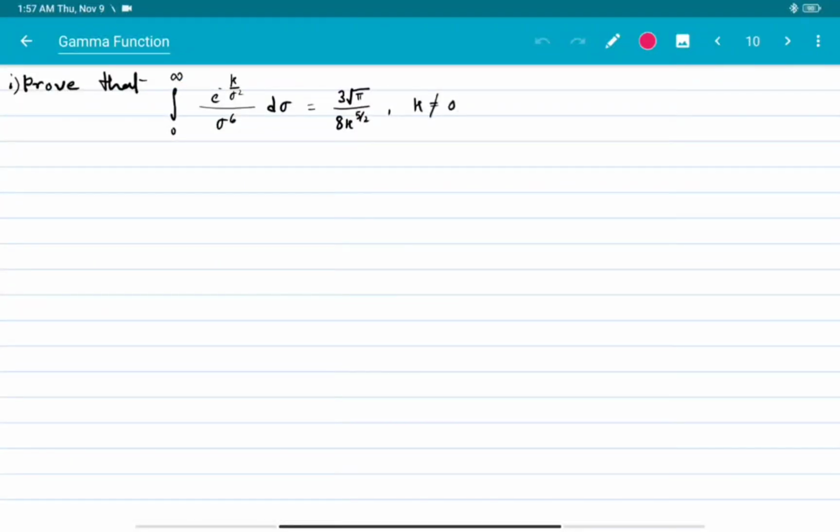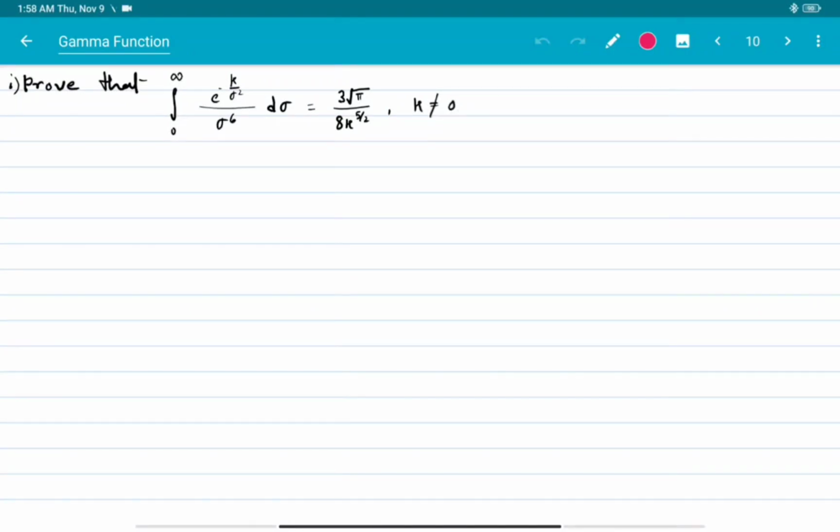So next thing is it is asking to prove that this integral is equal to 3 times root pi over 8 times k to the power 5 over 2, where k is obviously not equal to 0.